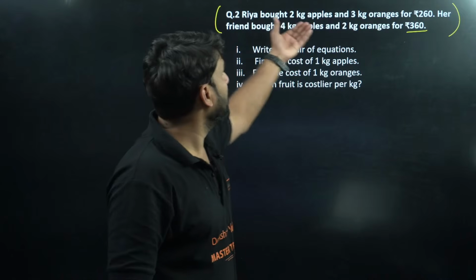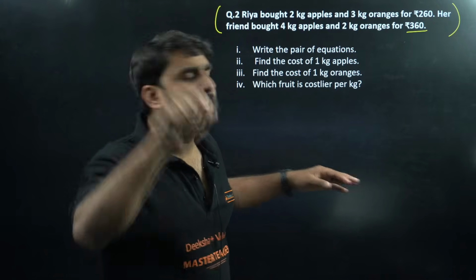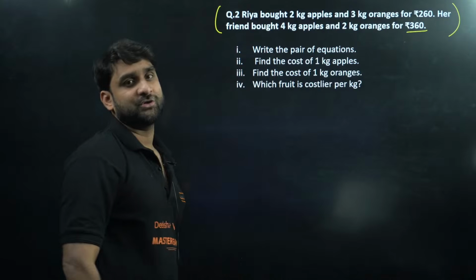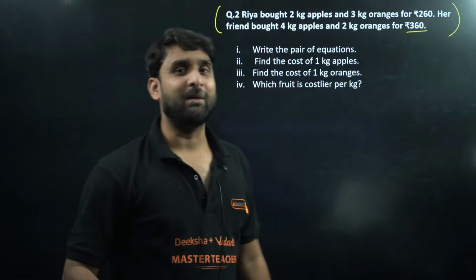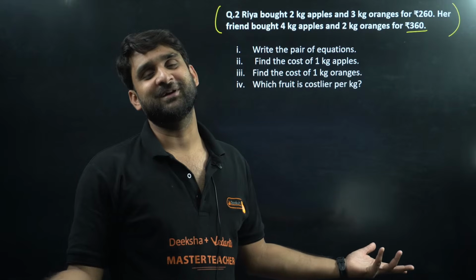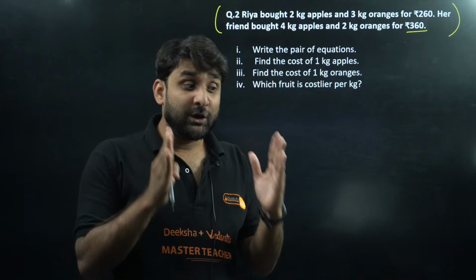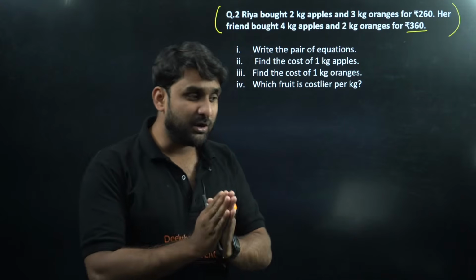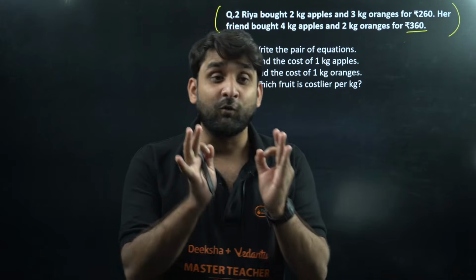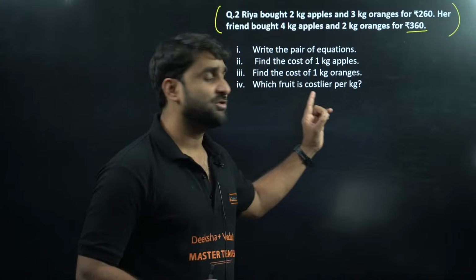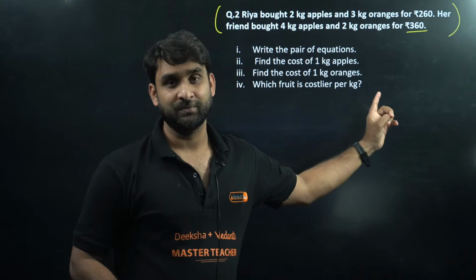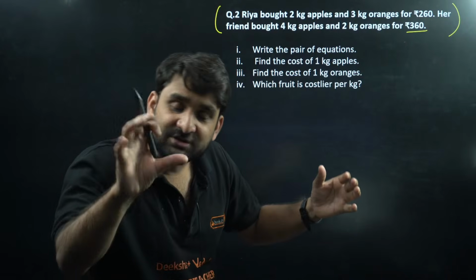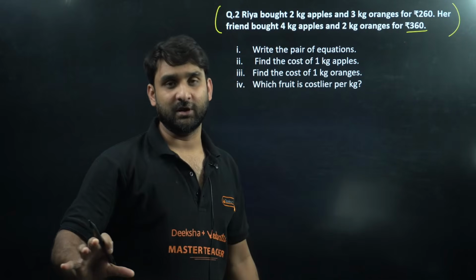So 1 kilogram apple be X rupees and 1 kilogram oranges be Y rupees. Then only you can form the equation, and once you have done that, everything will be mathematical calculation. Forming the equation is the most crucial, vital part of the pair of linear equations in two variables word problem. The student who does not have clarity on how to form the equation can't perform well in pair of linear equations in two variables.